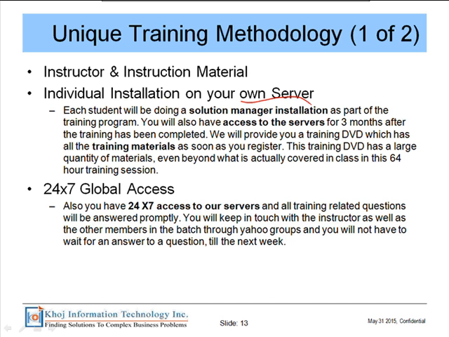24/7 global access. You can access our servers anytime from anywhere in the world. And similarly, you can use the Google Group to ask related questions anytime, anywhere in the world. At least we have 2 shifts in which we can answer. US shift, where Raj and I would be here, and then Shrikant, who works from our office in India.